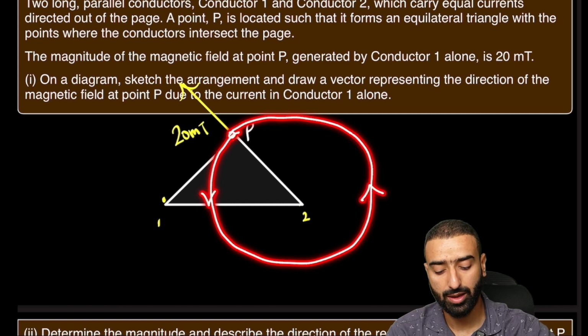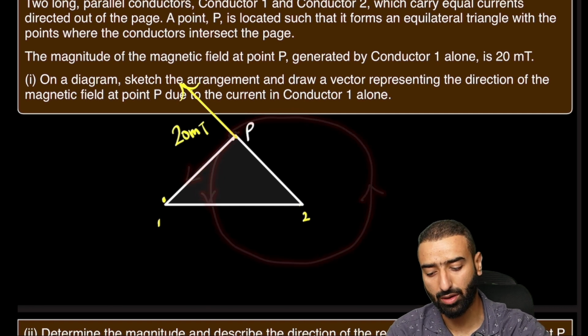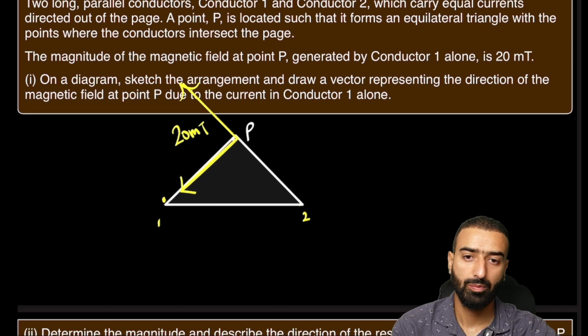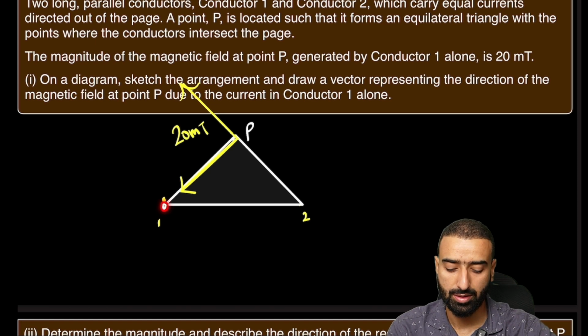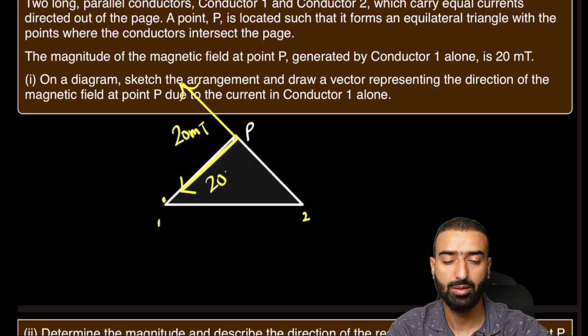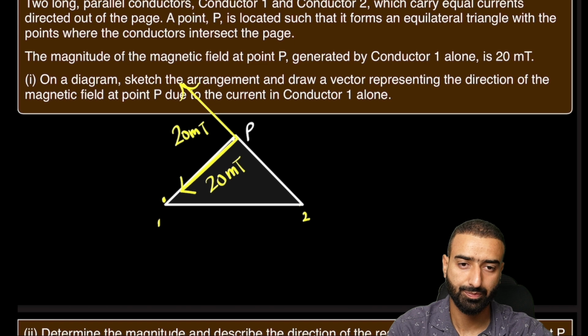But the magnetic field at point P is going to be a tangent to the circle. So let's draw that. This would be the tangent to the circle. And what would be its magnitude? Well, since both the conductors carry the same current, and they are at the same separation, this must be 20 millitesla as well.